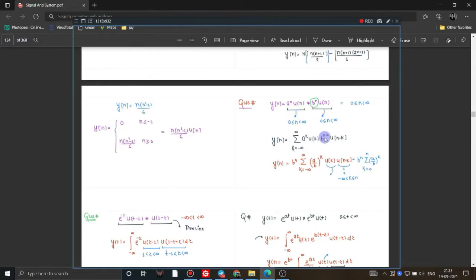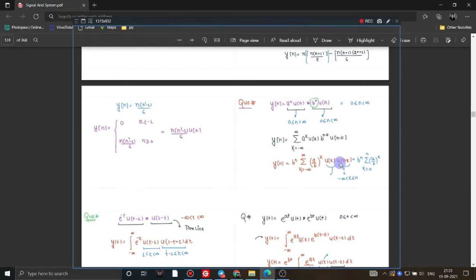Now we write the basic formula of convolution. The first term n is replaced by k and the second term is replaced by n minus k. We write it like this. Now, as we know, we then multiply. We take a power k and this b power minus k common. If b power n is constant, we take it outside.